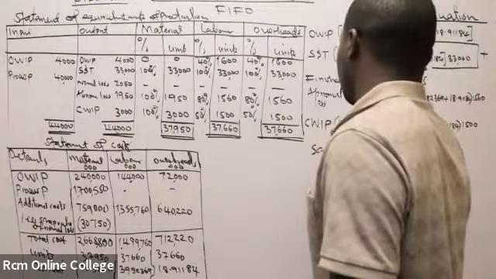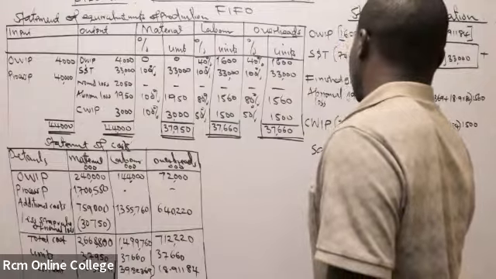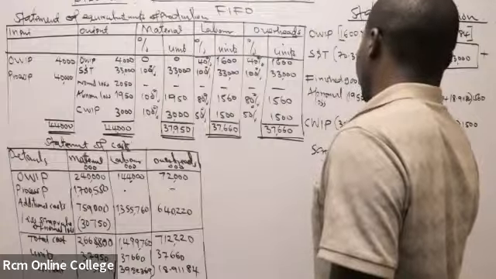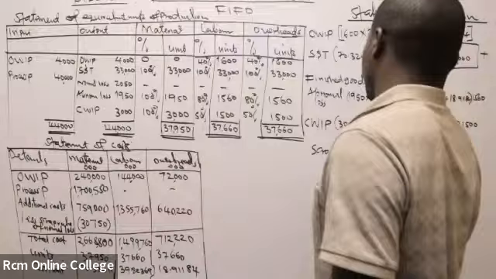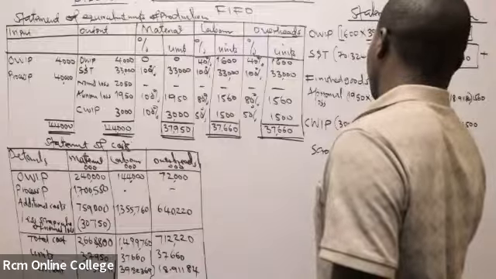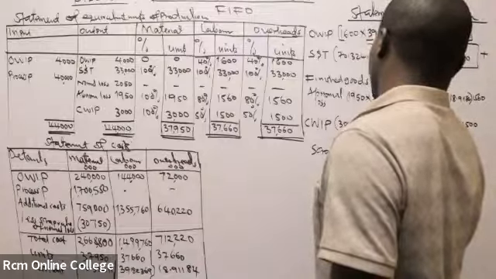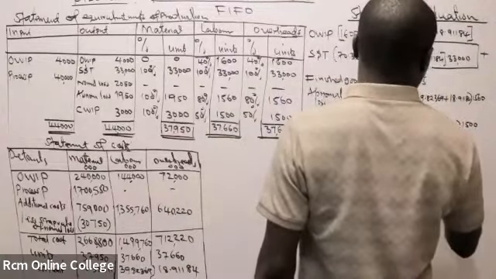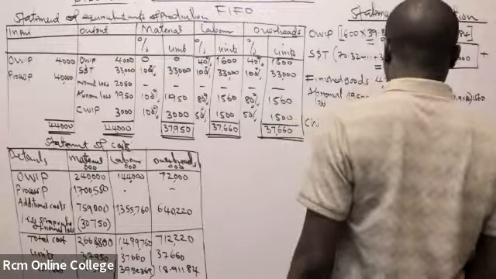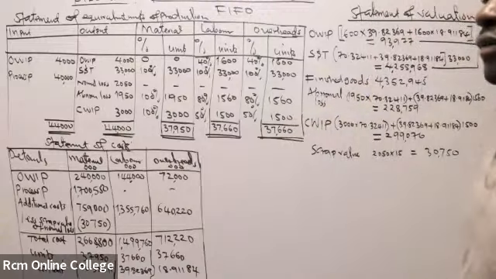Don't forget that. Scrap value is equal to the normal loss of 2050. Na tuko multiply na 15,000, that is 15 in thousands. Tukapata 3750.